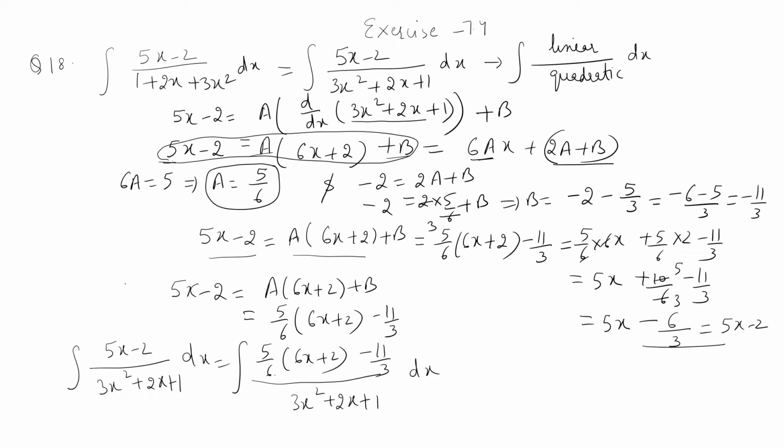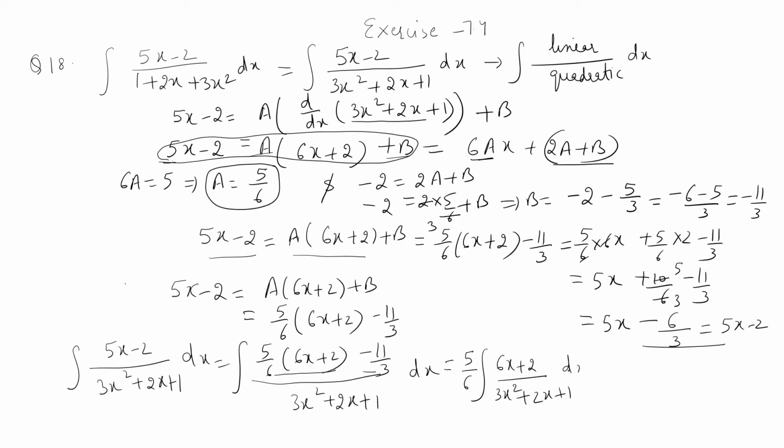I am replacing 5x minus 2 with what I have got. Now I have to break the numerator into two parts. As I've told you, the first one I can break as 5 by 6 times 6x plus 2 upon 3x square plus 2x plus 1.